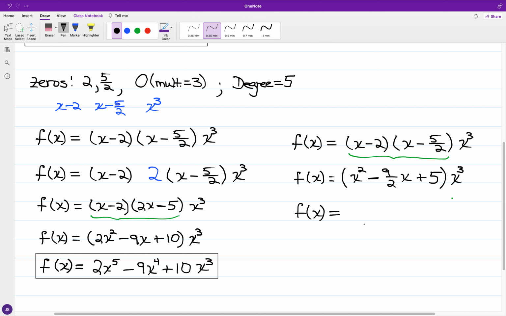So another possible expanded form answer would be x to the 5th minus 9 halves of x to the 4th plus 5x cubed. Those coefficients will be exactly half of what I attained moments earlier.